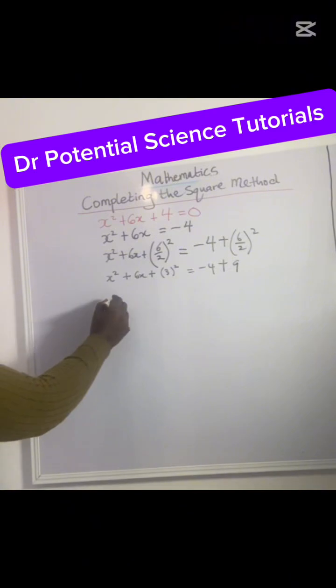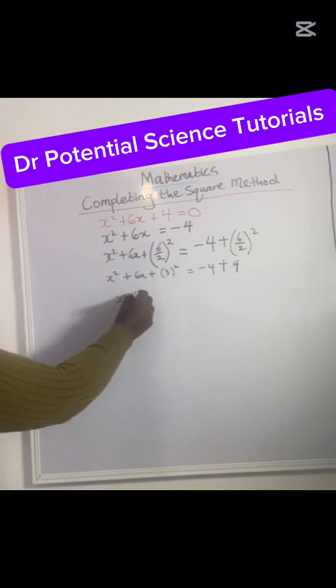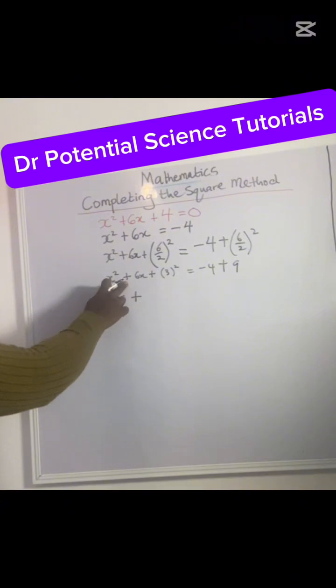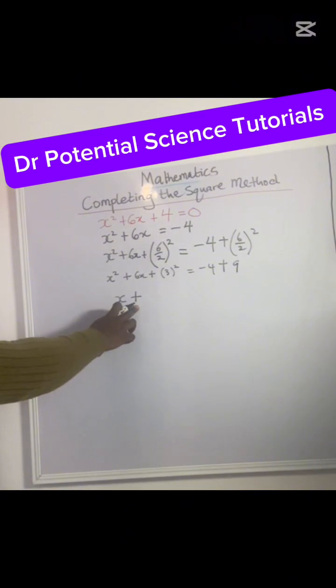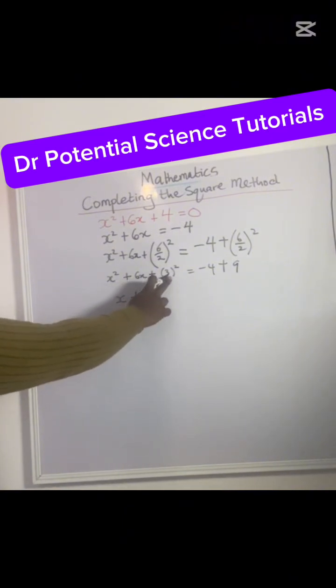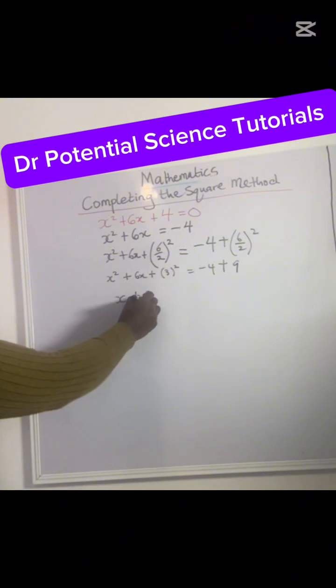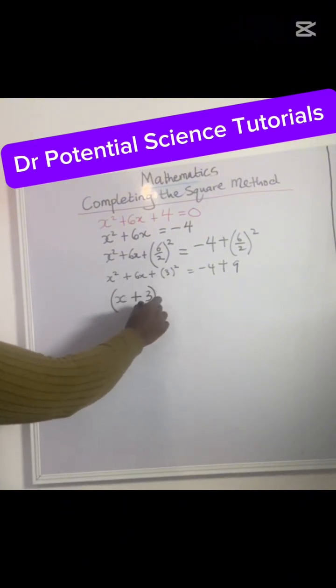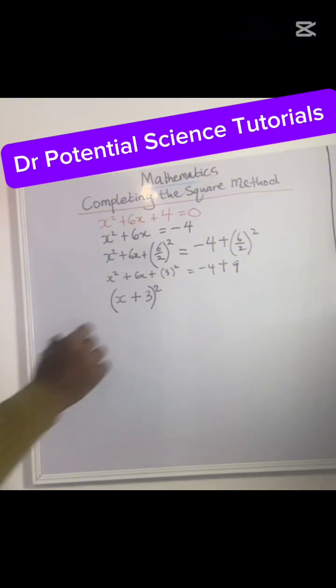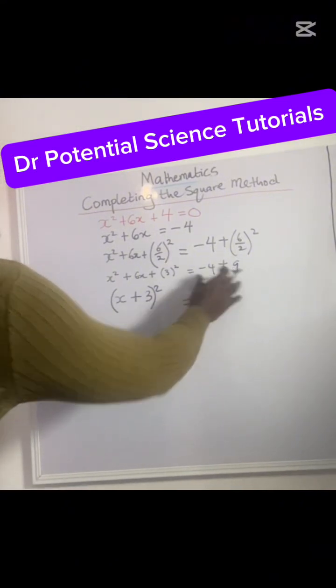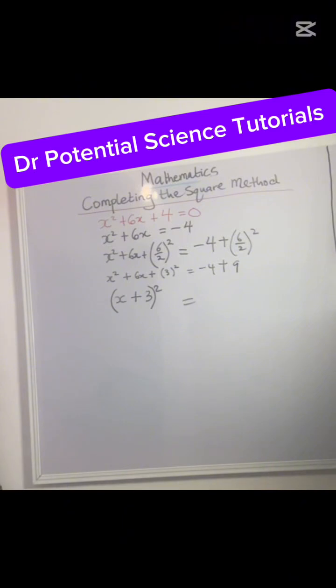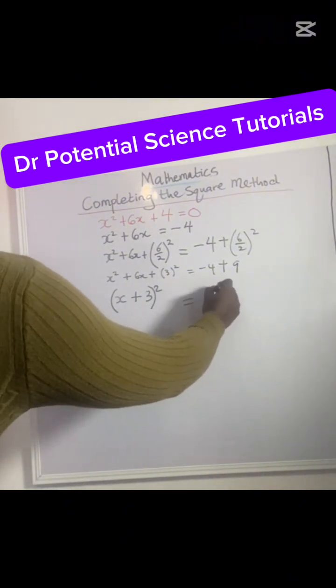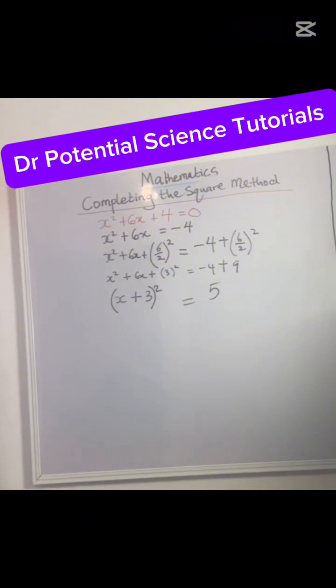Just bring this here; this sign is positive, that's why I'm writing positive. If it were negative, I would write negative. Then you bring out the 3, and bracket both, squared, equals minus 4 plus 9, that is plus 5. So that is what we have there.